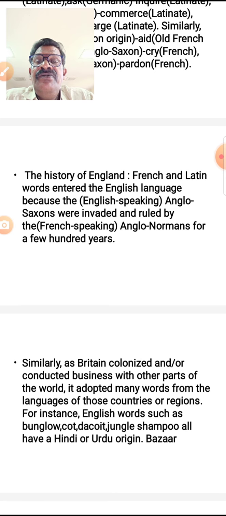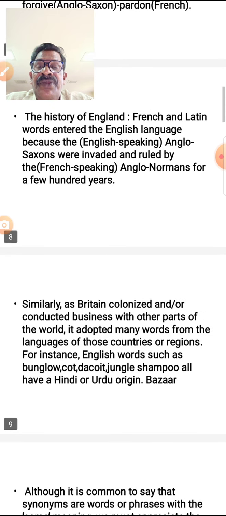French and Latin words entered the English language because the Anglo-Saxons were invaded and ruled by the French-speaking Anglo-Normans for a few hundred years.